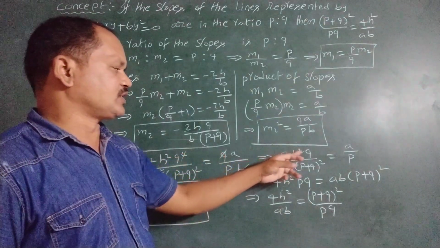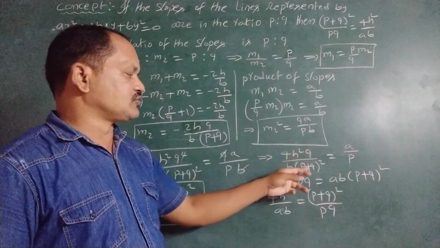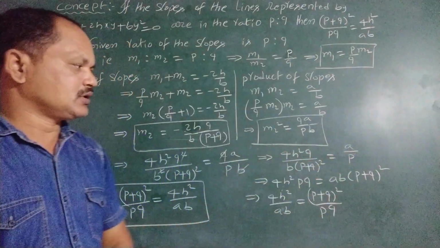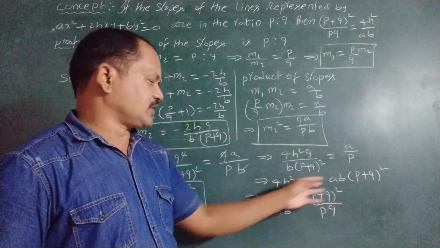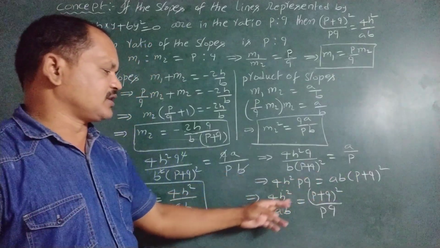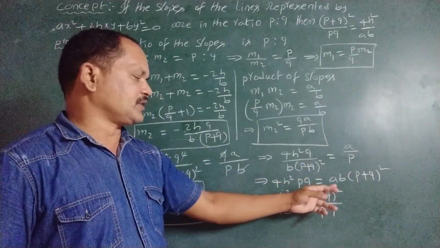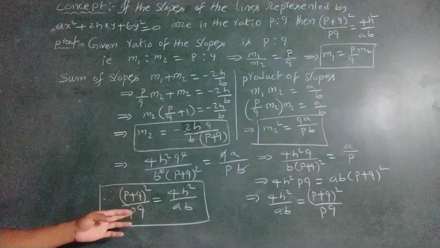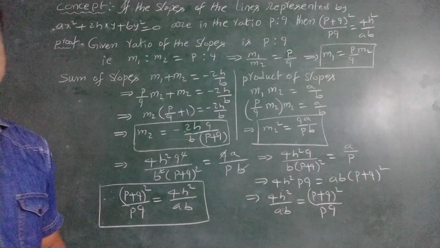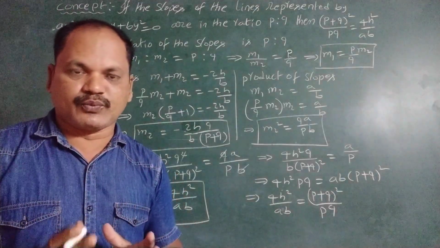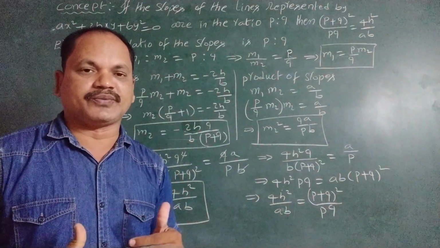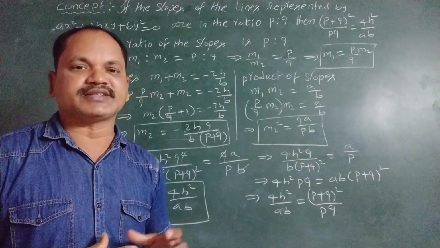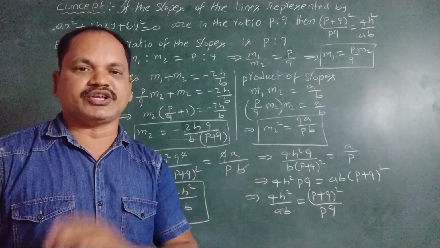After simplification, 4h square q by b into (p plus q) whole square is equal to a by b. After cross multiplication, we get 4h square by ab is equal to (p plus q) whole square by pq. That's all. So (p plus q) whole square by pq is equal to 4h square by ab is the condition for the slopes of the homogeneous pair of lines to be in the ratio p is to q.